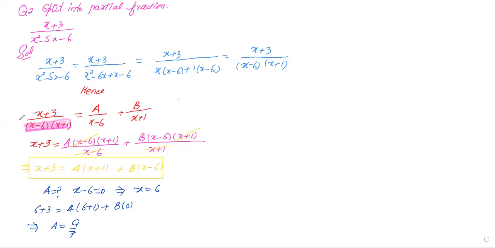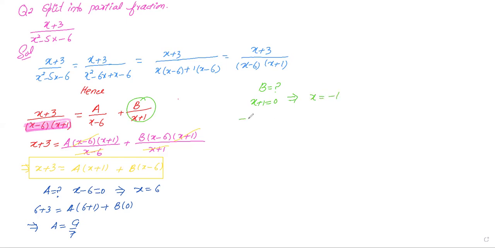To get the value of B, the first step: the denominator of B is x + 1. You have to put it equal to 0 and find the value of x, which is −1.